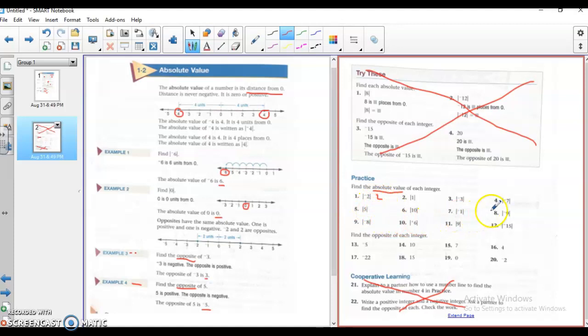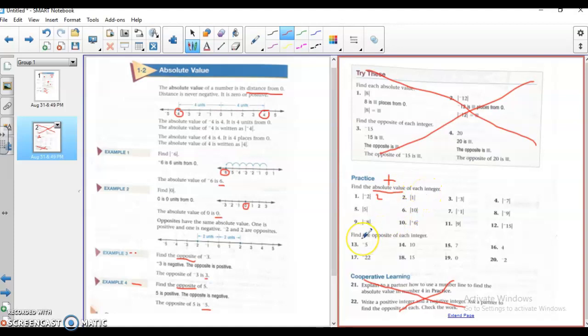So none of these answers should be negative. So there's our first. And notice I did not put a bar here. So in your answer, you're just going to put number 1 and then put 2. Number 2, then give me your answer. Again, all absolute values are positive. So like number 2, it already is positive, but it will stay positive.